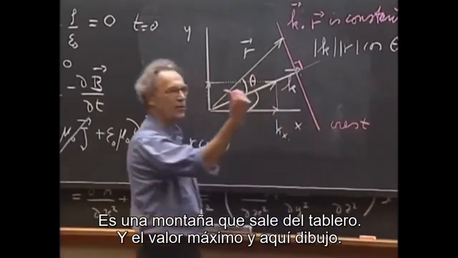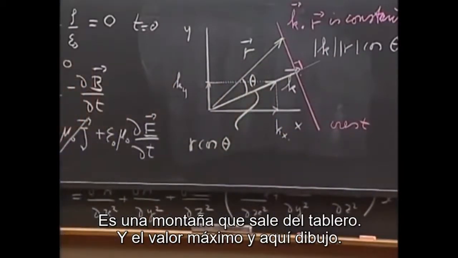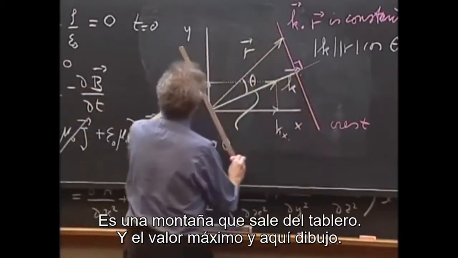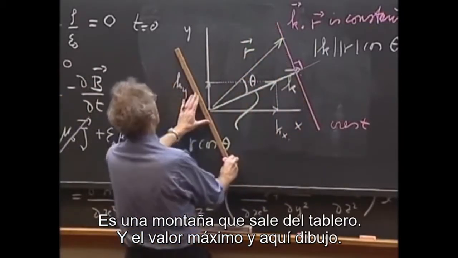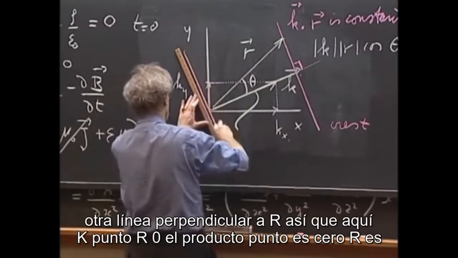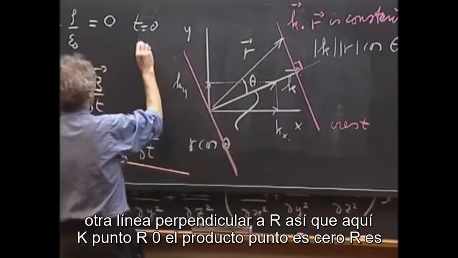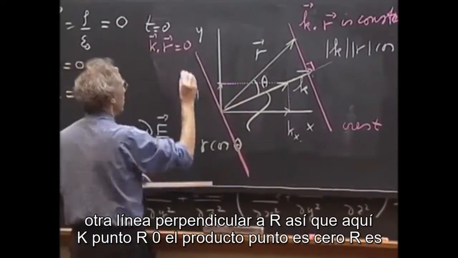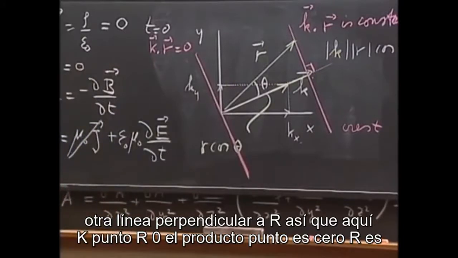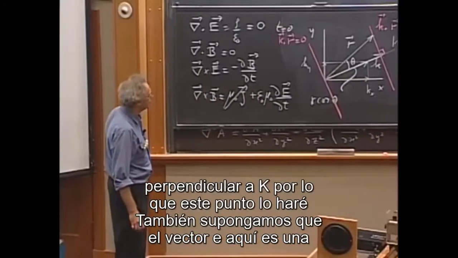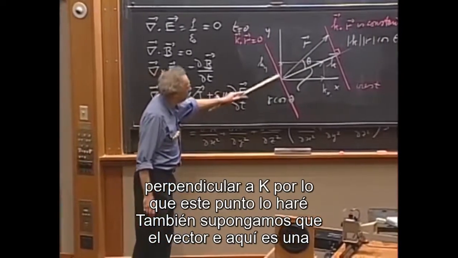So it is a crest in E. It's a mountain coming out of the board, a maximum value. And here, I draw another line perpendicular to r. So here, k dot r is 0. The dot product is 0. R is perpendicular to k.